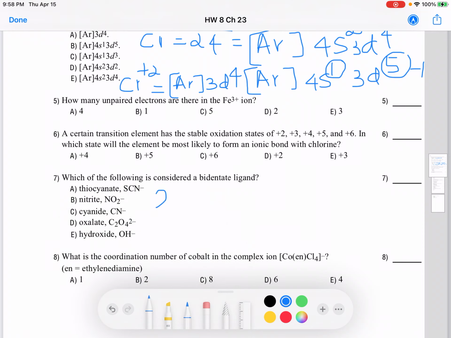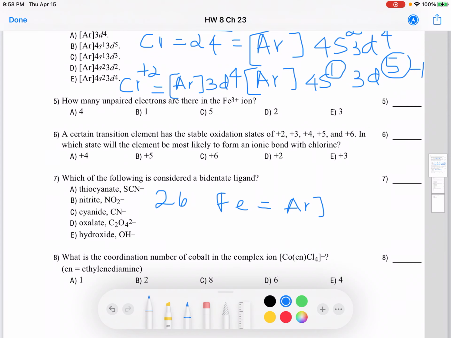So prior to iron, the noble gas is argon. And then after argon, it's going to fill the 4s2, so it would be 4s2, and then you fill up your d electrons up to iron: 3d 1 2 3 4 5 6. So it's going to be 3d6. 4s2 3d6 is what iron is going to be.